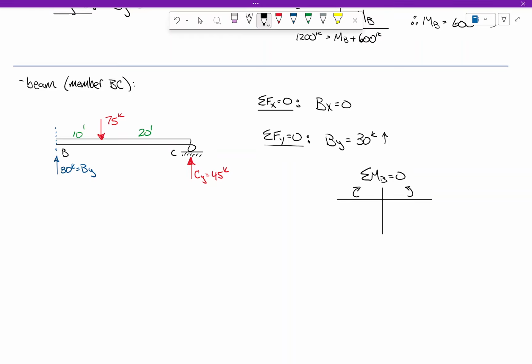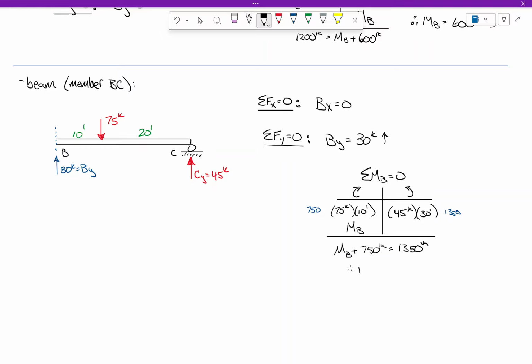So, if I sum moments at B, what do I have? I have 75 times 10, and then I've got 45 times 30, right? Now 45 times 30, that's what, like 1350? This is 750. I need a little bit more moment on this side, because MB plus 750 foot kips equals 1350.